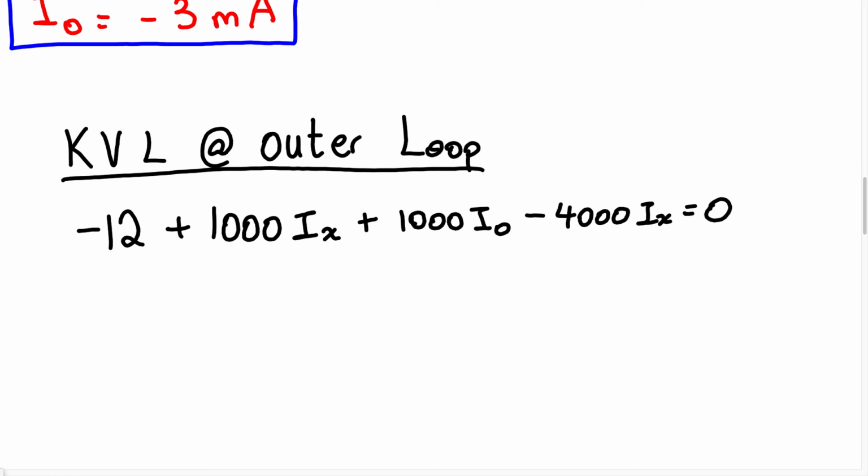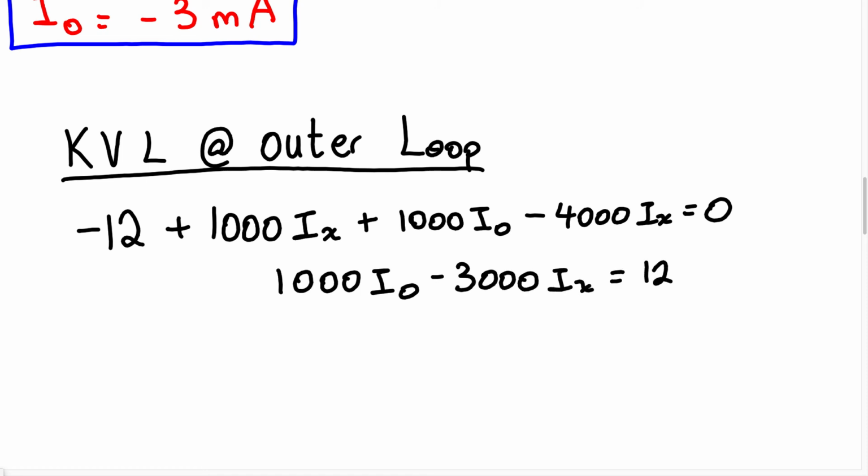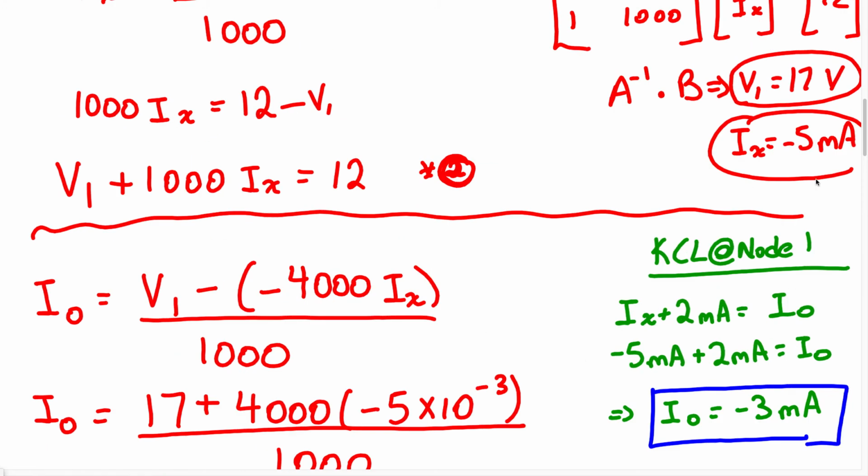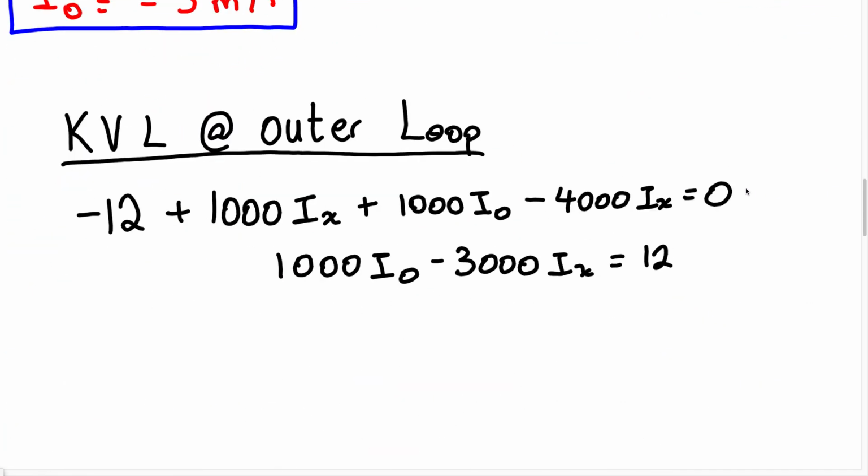Okay, now let's simplify this. We're going to have 1000 IO minus 3000 Ix, and all of that equals 12. Now remember, we're trying to find the value of IO, but we know the current Ix because we found it up here, which is negative 5 milliamps.